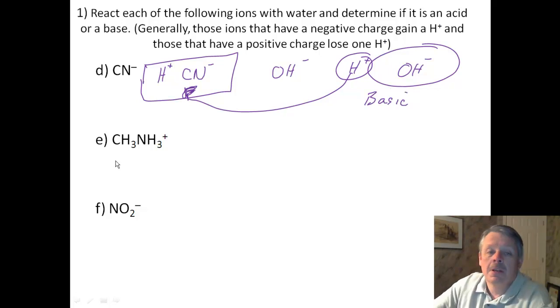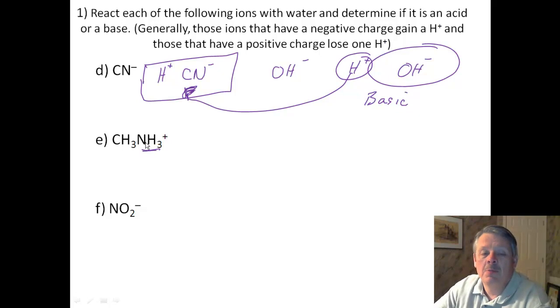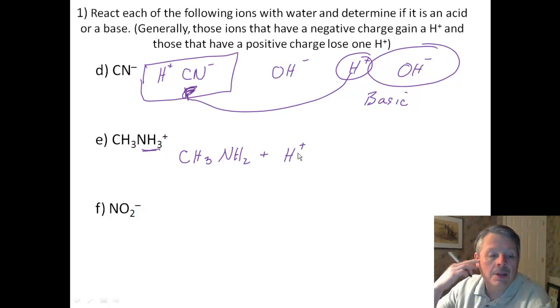Okay, now how about this one? Well, it's very complicated, but notice we've got this amine in here, this NH3 business, and it's positive, so it's going to give up a hydrogen. So it is going to become CH3NH2 plus hydrogen. Okay, so when that hydrogen comes off, it is simply a proton.